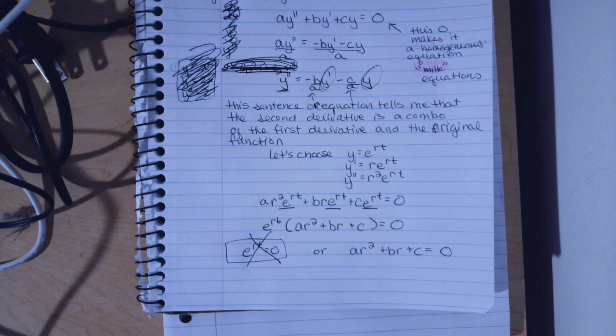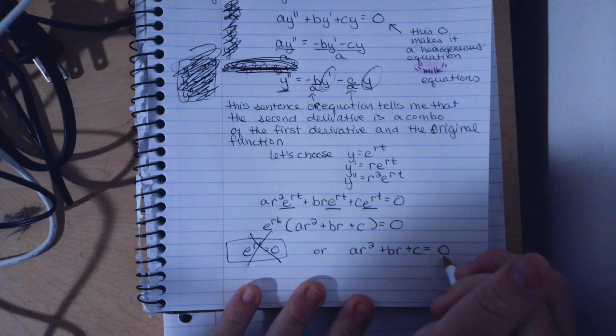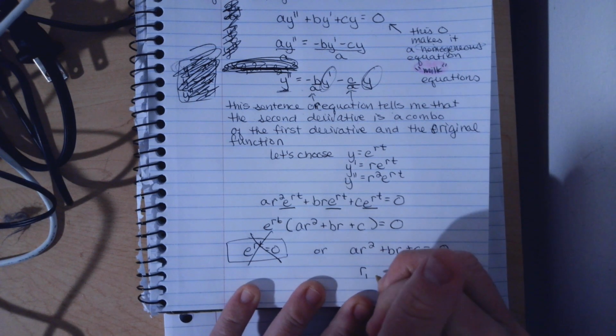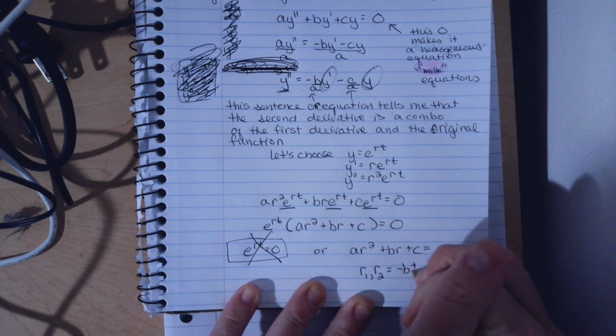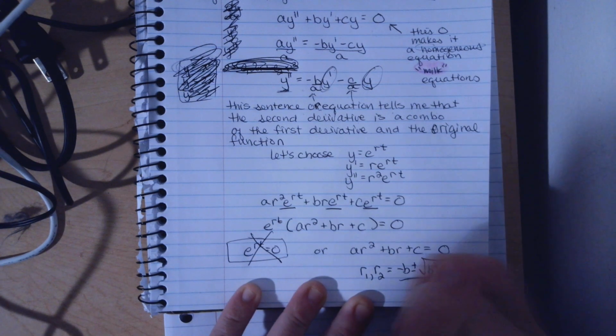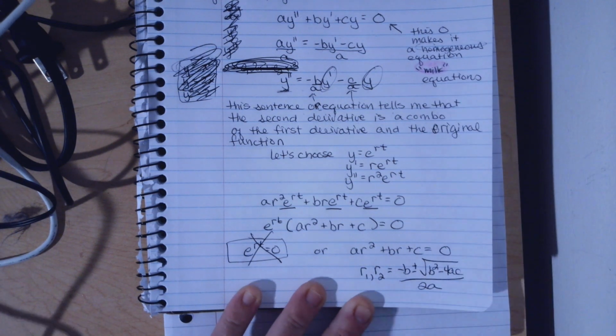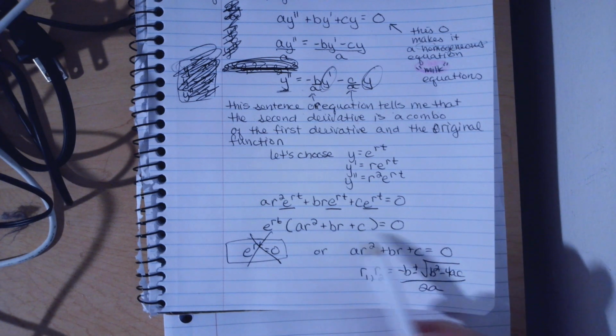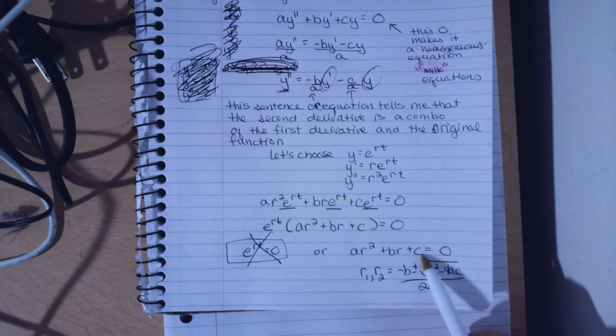And we get to go ahead and solve this for r. So you get r1, r2 equaling negative b plus or minus the square root of b squared minus 4ac, all over 2a. Sometimes you just get to factor it.